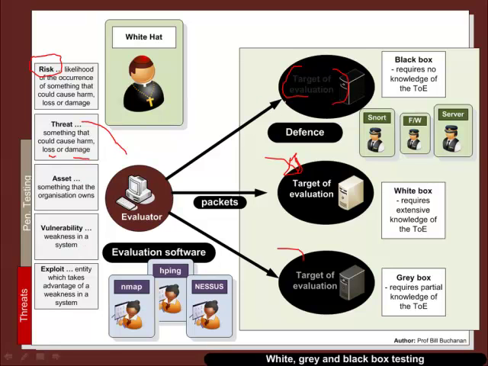A vulnerability is a weakness in a system, and an exploit is an entity that takes advantage of a weakness in a system. So for this evaluation, we have an evaluator which will often send data packets into the target of evaluation. Some evaluation software that we can use includes Nmap, HPing and Nessus, and we'll see some examples of these later on.